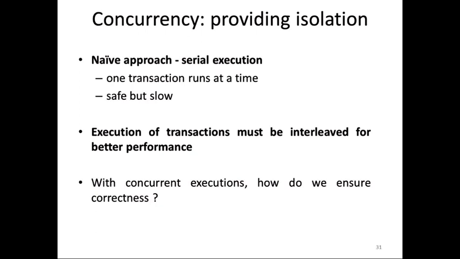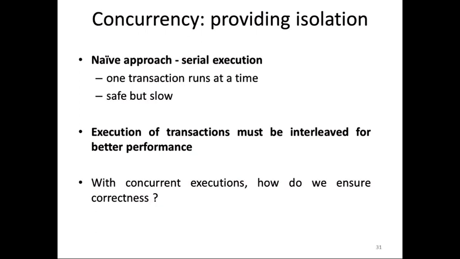But we have already said that this is safe, but slow. We cannot realistically consider this. It will render the system unusable in any realistic scenario. And so we must interleave in time operations on behalf of various transactions for performance, for both throughput and latency.